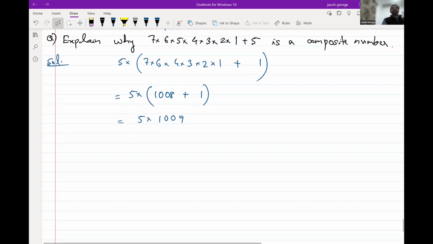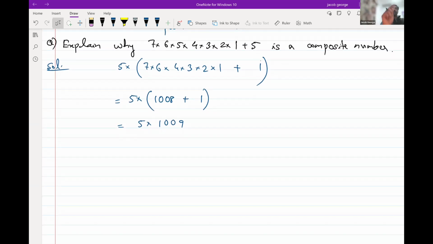So we get 5 into 1009. Then how will you write this one? It is expressed as the product of prime factors.